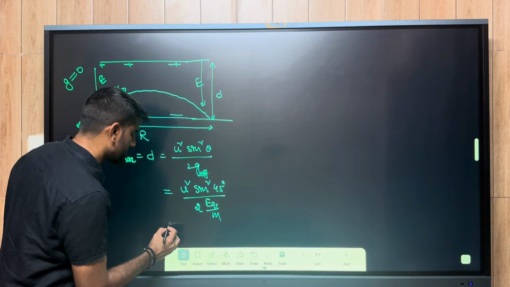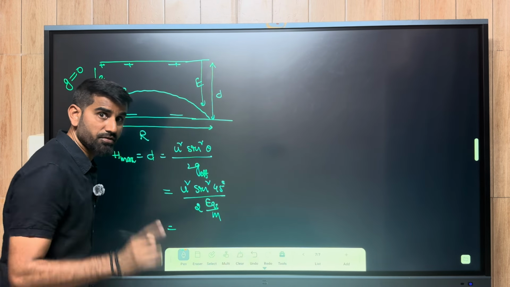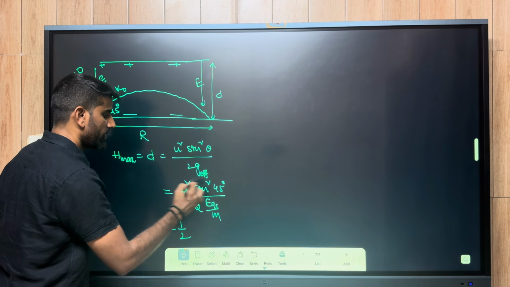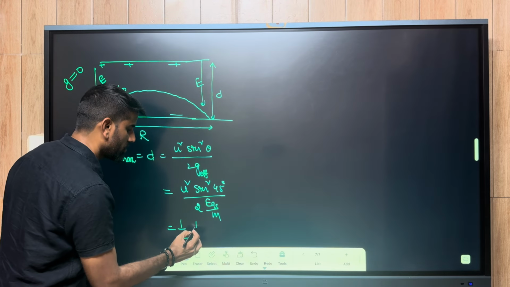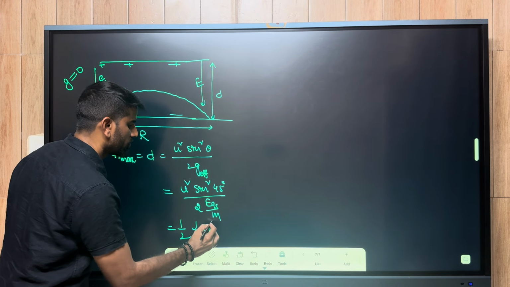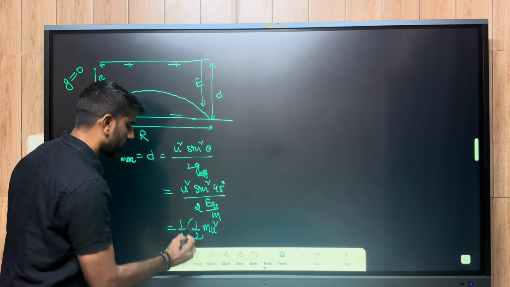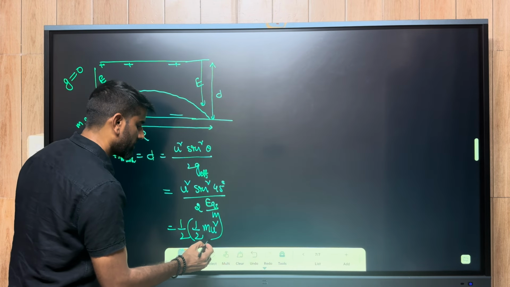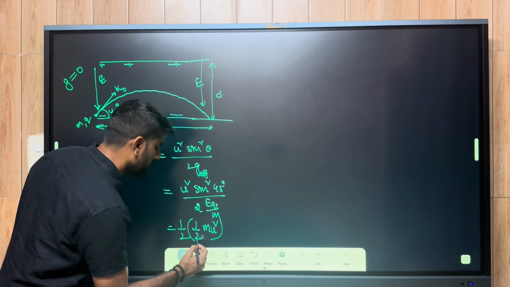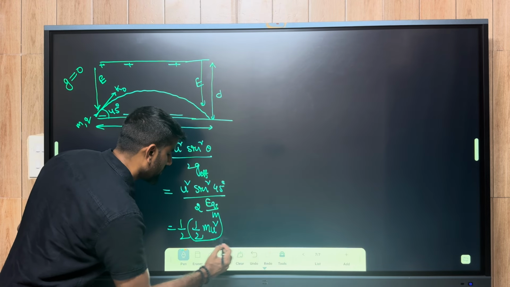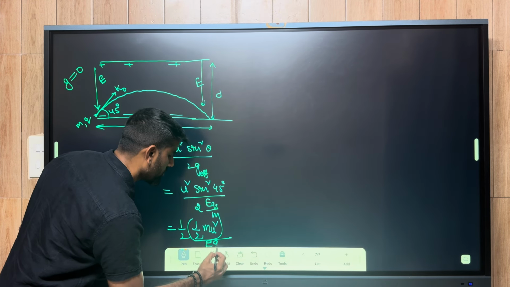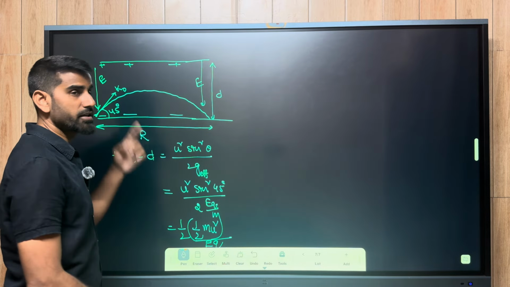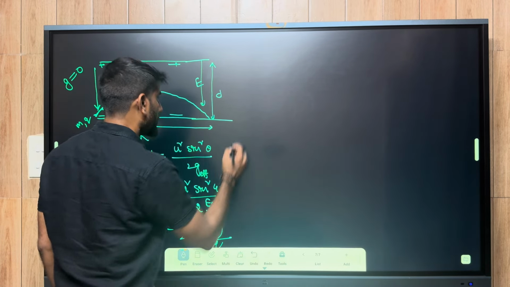EQ by M. So if I rearrange this, sine square 45 is 1 by 2, and we have this m upwards, and we have 2 here, 1 by 2 mu square, and what do we left with? We have EQ in the denominator. And half mu square is nothing but initial kinetic energy, right?